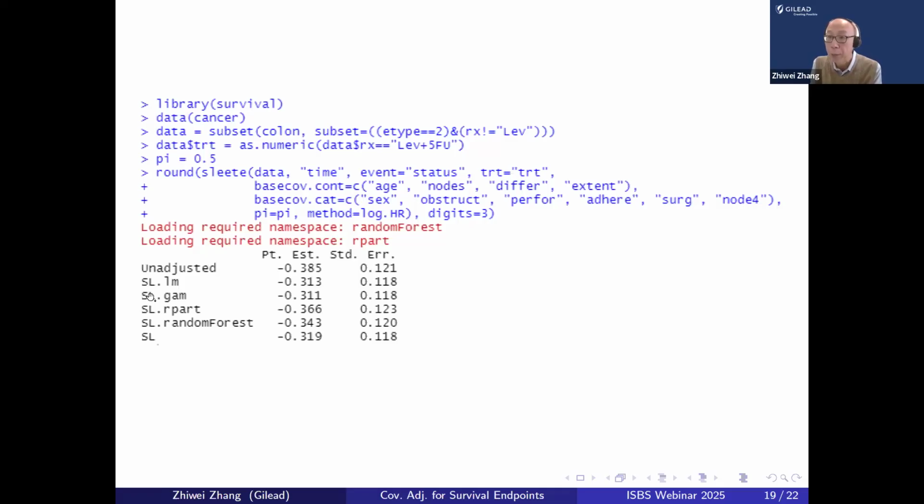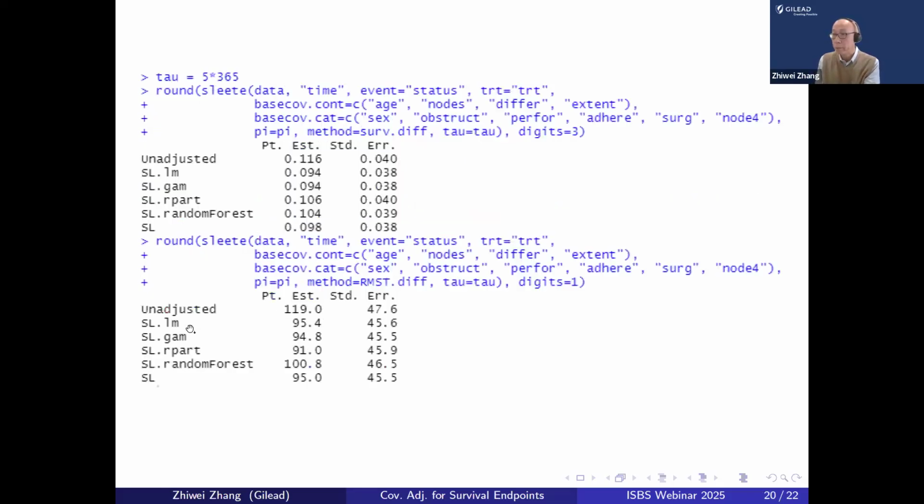By default, the library consists of linear regression, additive regression, regression tree, and random forest. The superlearner is a weighted average of the individual learners. In this case, the superlearner estimates happen to be quite similar to the linear regression and additive regression estimates, suggesting that those two probably receive larger weights than regression tree and random forest in this particular analysis.